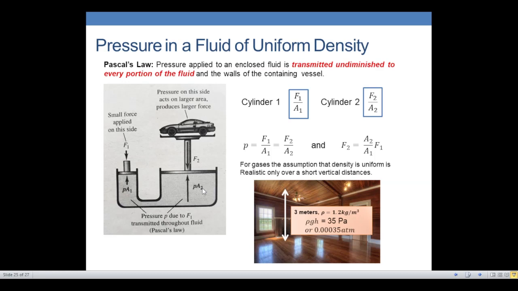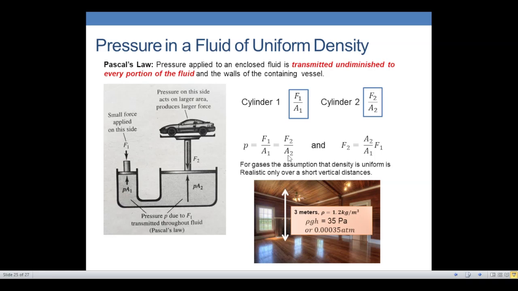Ibig sabihin, the force that you applied here, or the pressure, will be distributed all throughout the body of the fluid. Meaning, the pressure that the fluid is exerting at this particular cylinder will be distributed to this particular cylinder. That is why we have the expression that P is equal to F sub 1 over A sub 1, and equals F sub 2 over A sub 2.